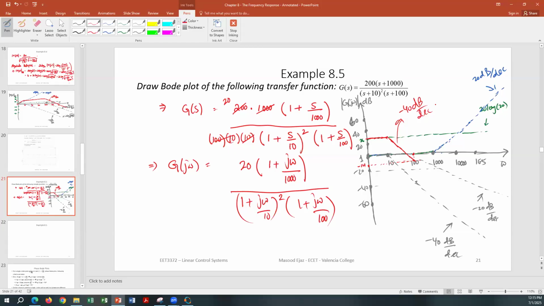Okay, what's going to happen between 100 and 1000? It's going to drop by negative 60 decibel per decade: negative 40 because of this, and negative 20 because of this, because there's nothing else to compensate for these two on the positive side. So it's going to become much steeper, negative 60 decibel per decade between 100 and 1000.